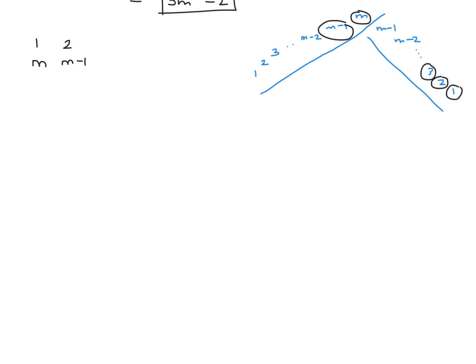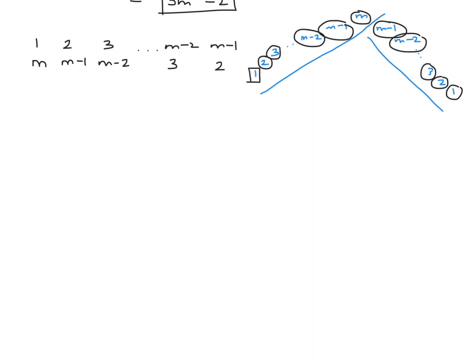Then same thing, 3 and m minus 2. You get the point. Eventually down to m minus 2, matched with this, and the very last one, m minus 1, matched with that. I'm going to leave this 1 here by itself for now.